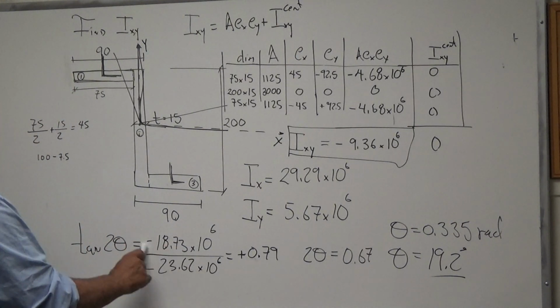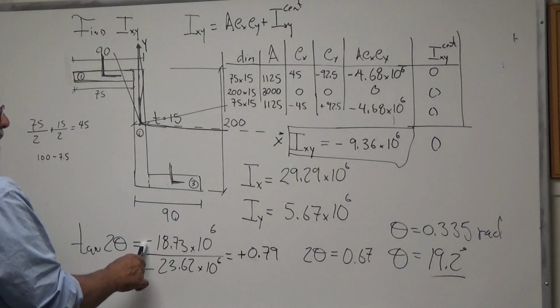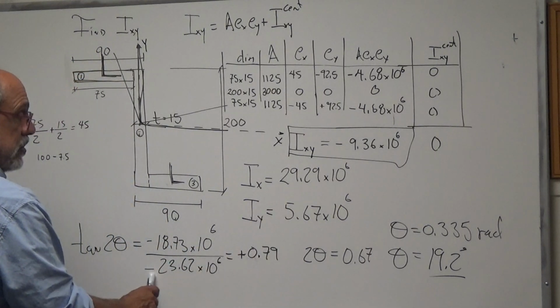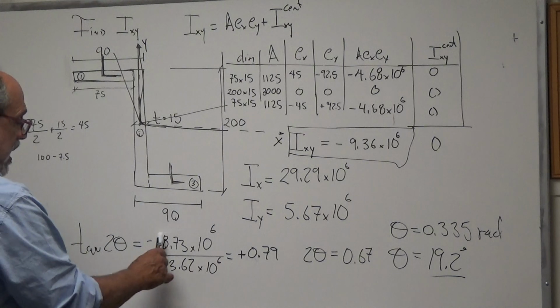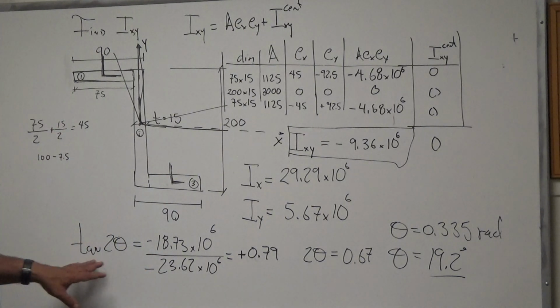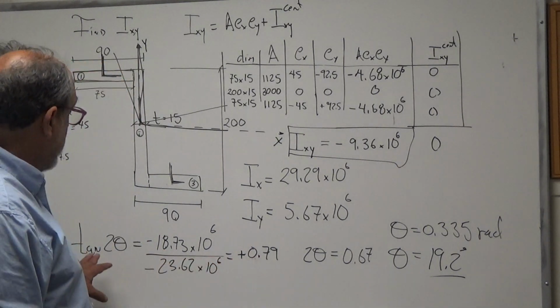So 2IXY is 2 times 936, which is 1873 negative, and IY minus IX is minus 23.62. The two negatives cancel, and the ratio becomes 0.79. That means that the tangent of 2 theta is equal to 0.79.